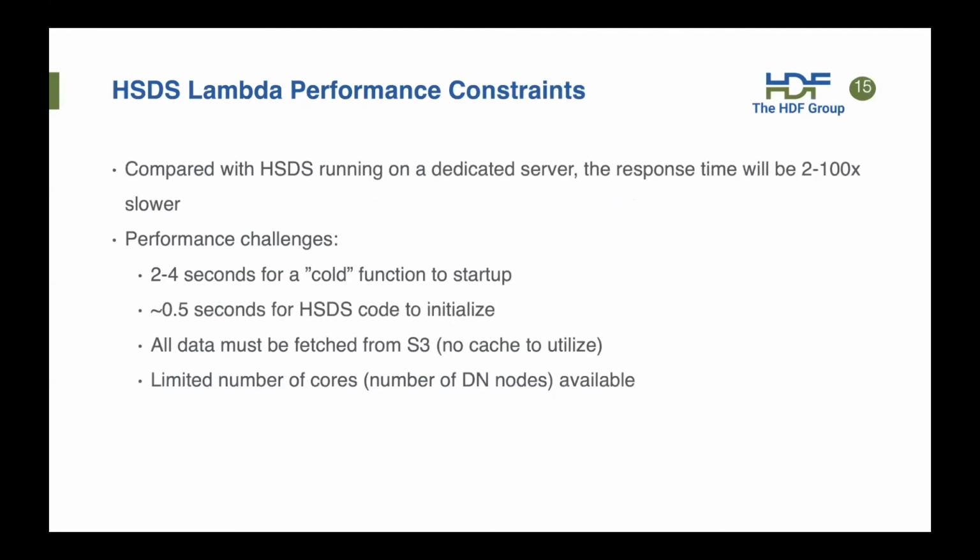Yeah, I'd say that as it gets warmer, this latency decreases. But there is much higher latency for Lambda than for HSDS running on a dedicated server. In simple testing, I wanted to access one column, taking all the values in one column at a fixed X and Y location.